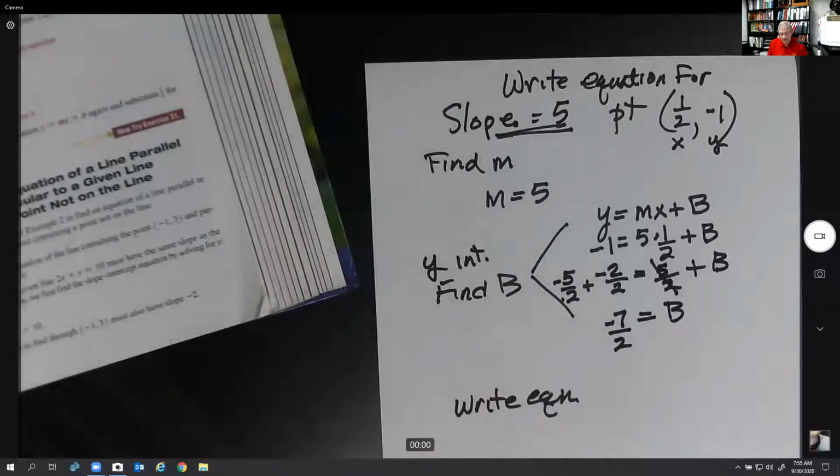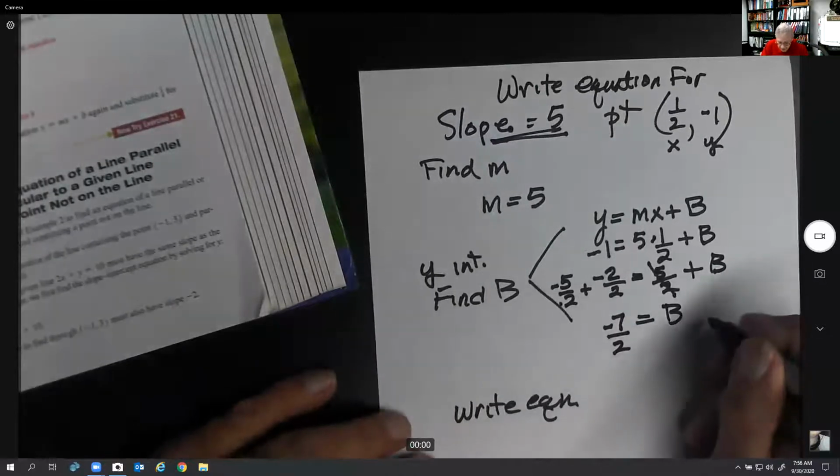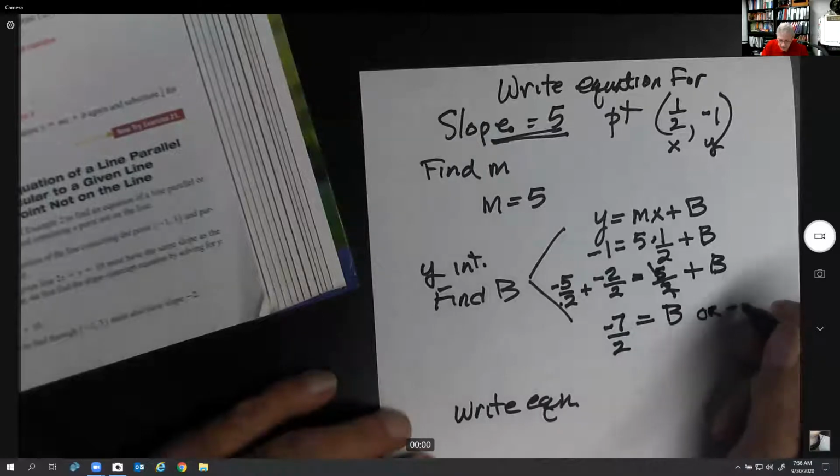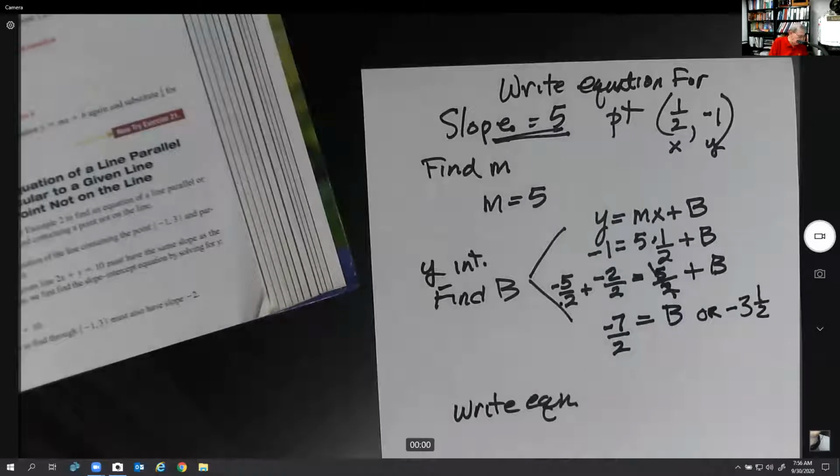Now we have found m, we have found b. If you want to change this to -3.5, you could. Change it to a mixed number if you want to do it that way. Either way is okay.